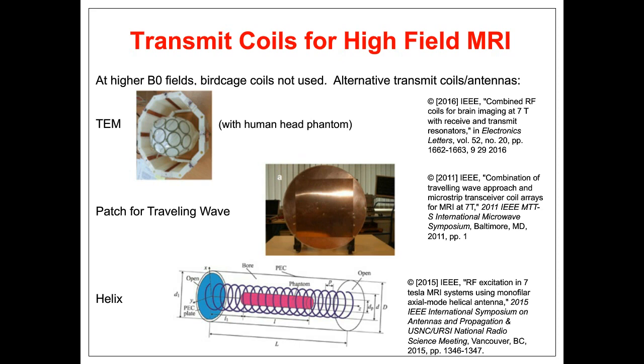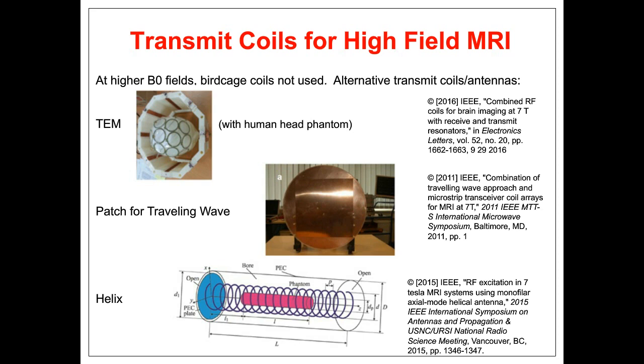Because of the cylindrical nature of the bore of the magnet, that actually resembles a cylindrical waveguide. So there's also what are referred to as traveling wave approaches for RF excitation rather than coils or TEM. A lot of these use patch-type antennas, which is the center structure.